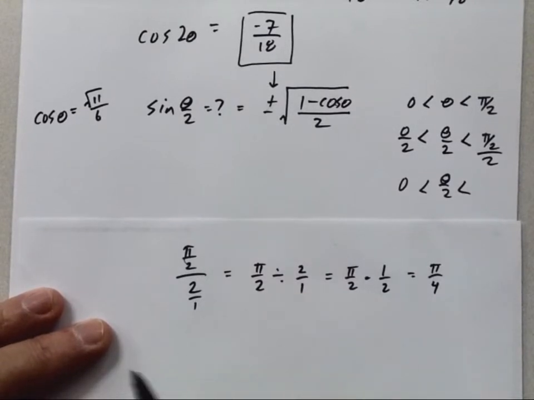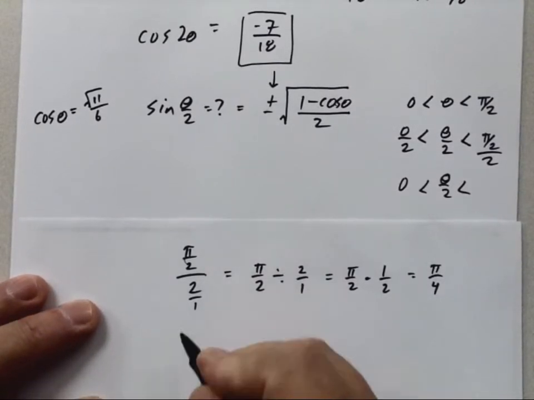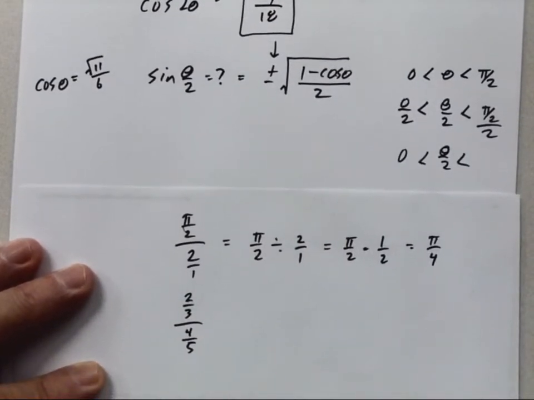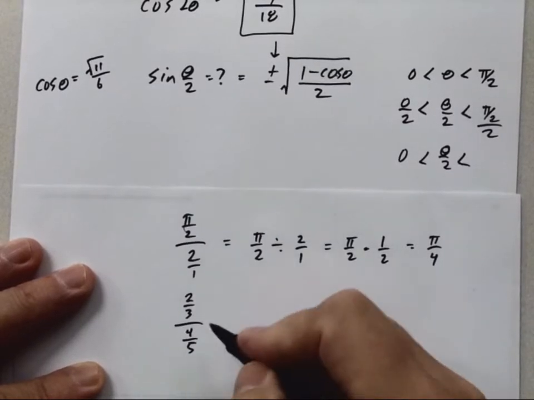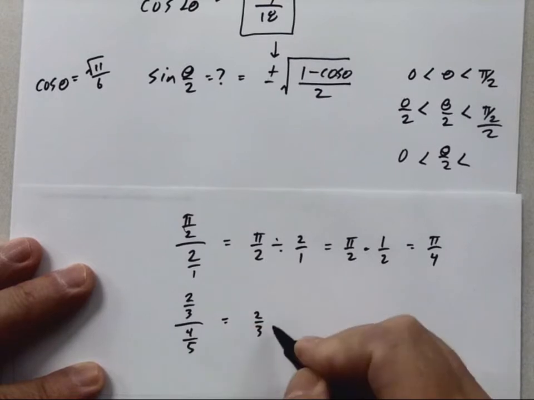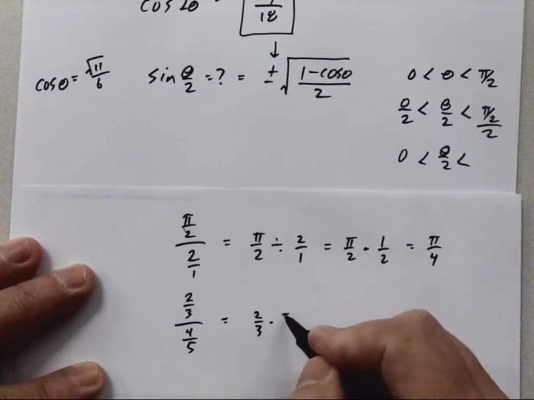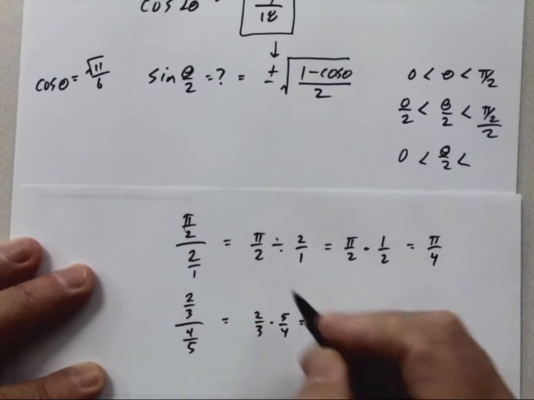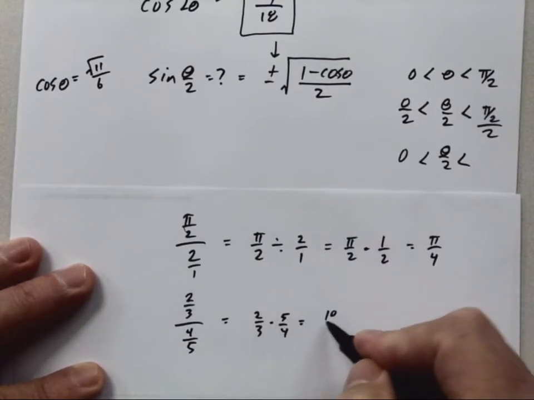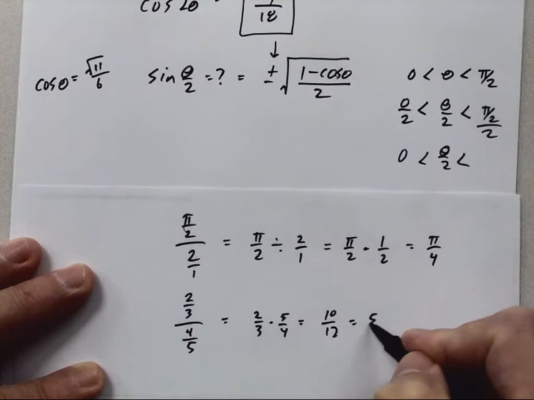Normally, just for practice, if you ever have a complex fraction like this, you simply write the top fraction multiplied by the reciprocal of the bottom fraction. We skip this division step and just go from here to here. And this would be like 10/12, which would be like 5/6.